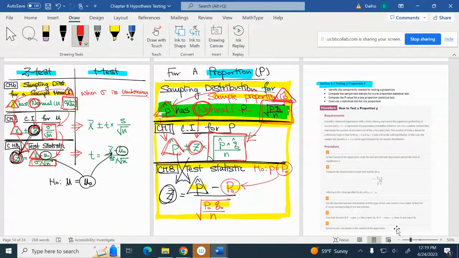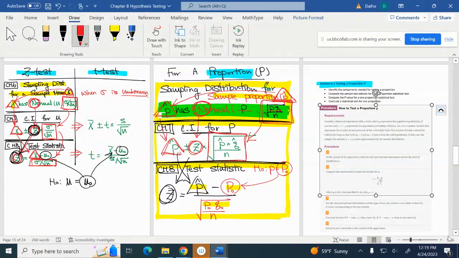Please compare the z-test for proportion with the previous z-test for the mean. It's exactly the same idea, right? We made the confidence interval in chapter 7 and the test statistic in chapter 8, right?